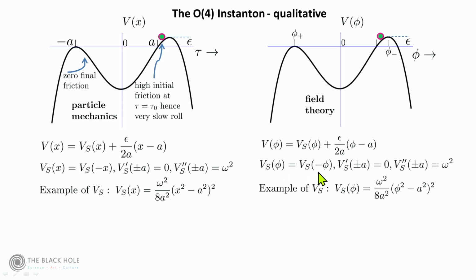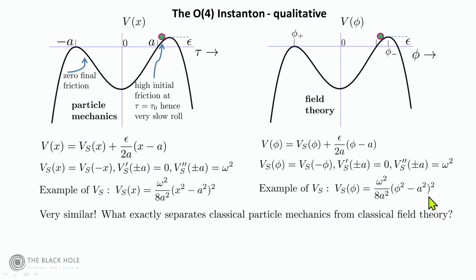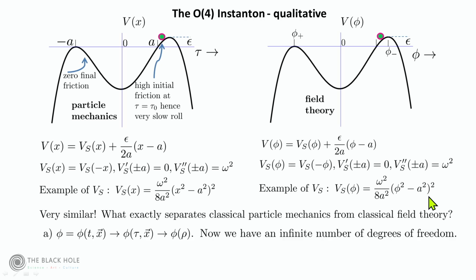This is a symmetric vacuum. As one example, you could take this. We don't have to, but it'll make things a little easier to understand. Just to remind you once again that phi is a function of t and x, which becomes tau and x, which becomes phi of rho in the case of spherical symmetry in 4 dimensions.